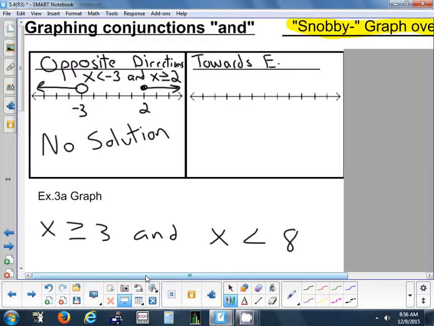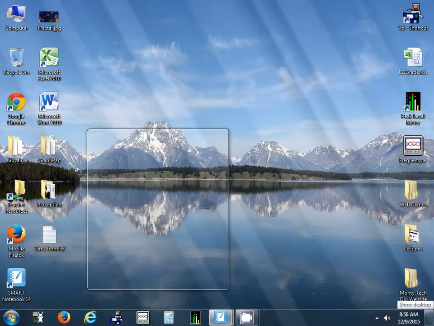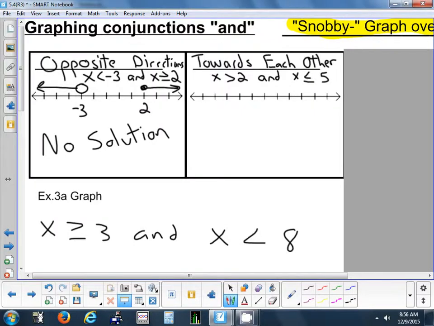Next, we have towards, if they go towards each other. Again, I have the smaller number in my first inequality, which means it'll work.